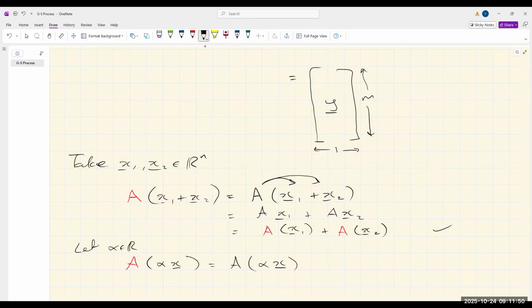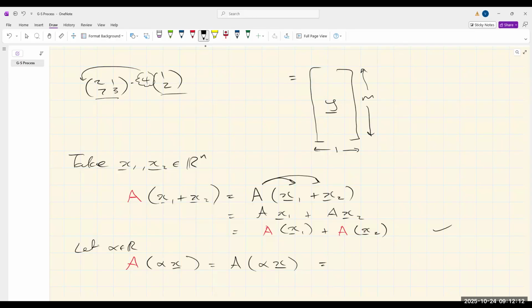And of course, you know, if you have a matrix like 2, 1, 7, 3 multiplied by, let's say, 4 times (1, 2), of course, you know that this 4 you can move out here and then do the matrix multiplication and multiply the answer by 4.